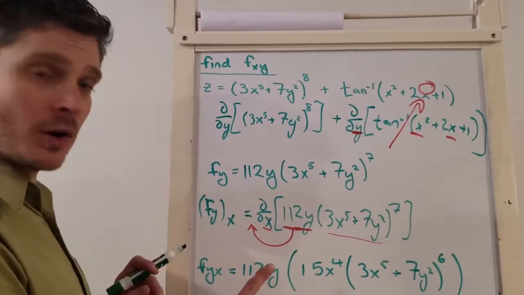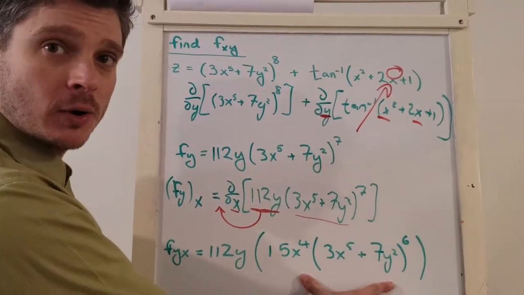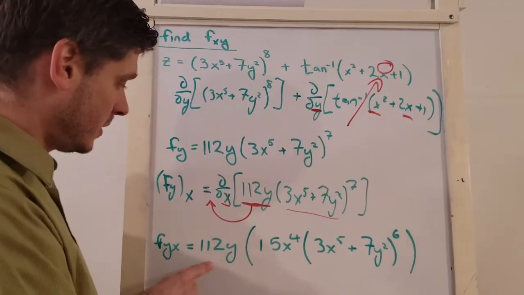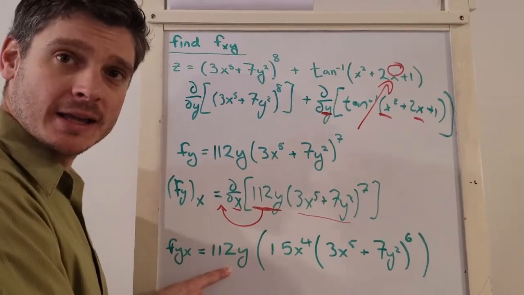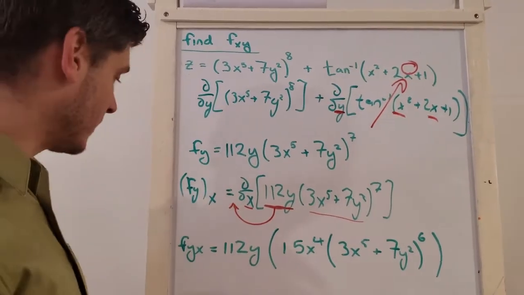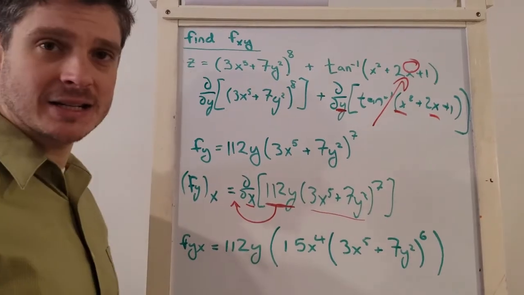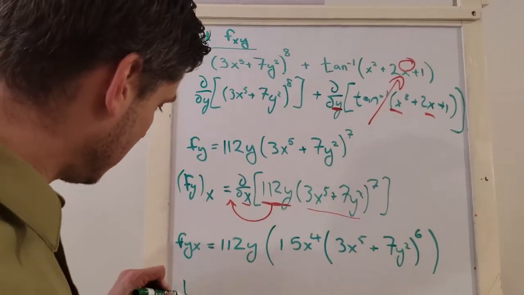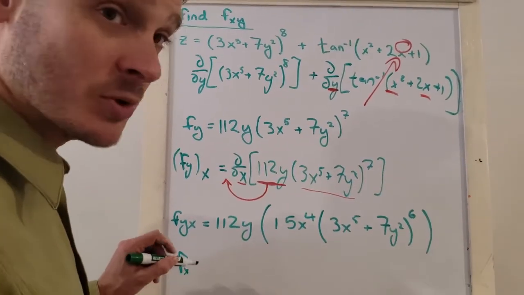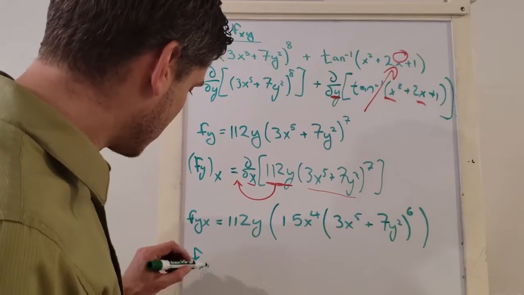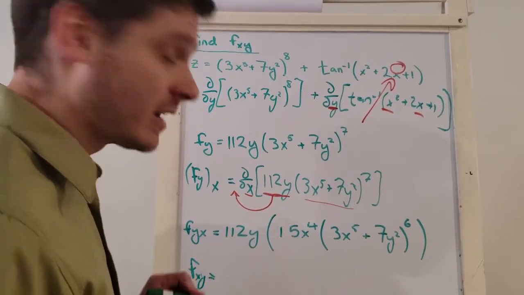So, we bring back our result from our chain rule work. We factored out the 112y, and we're, well, pretty much done. We have the partial with respect to y and x. Now, Clairaut's theorem says we could write it either way, and I guess technically the problem is written partial xy, so we could definitely do that if we want.